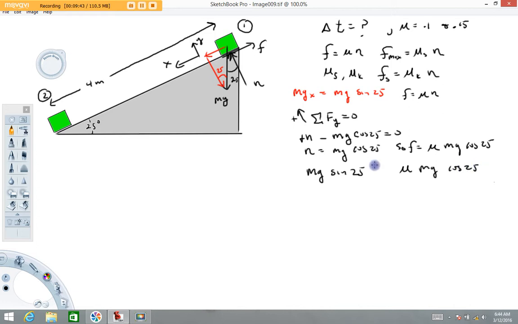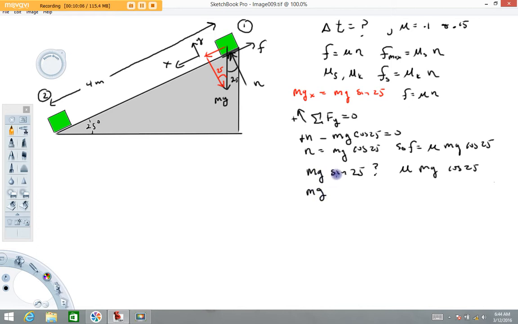So the million-dollar question is, which one of these is larger? If this force is larger than this, it's guaranteed to slide down the incline. Now, we don't have a mass, but that's okay. You notice it's an m in both sides, so I'm just going to leave that there. Actually, the mg is the same in both sides.